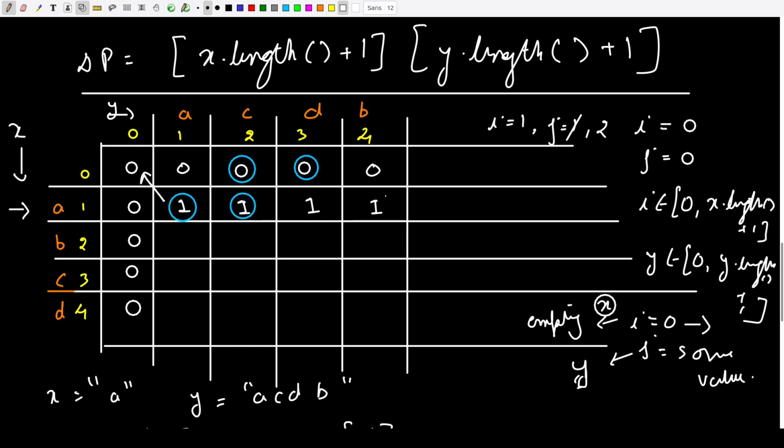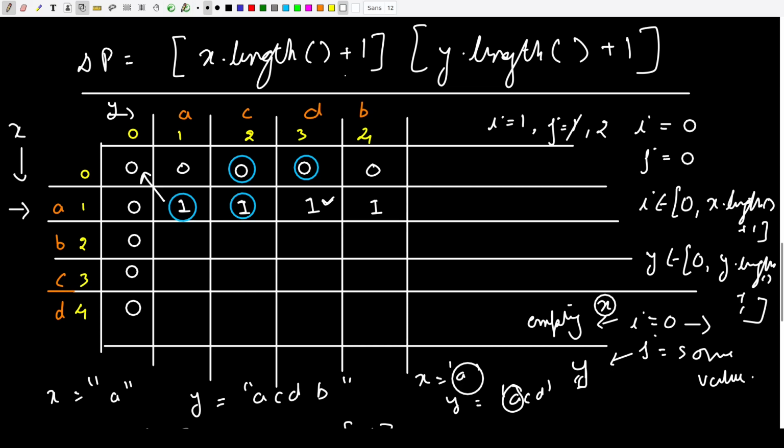That is why you are getting the LCS as 1 over here. The length of the LCS is 1. Similarly, for x equal to a and y equal to acd, the longest common subsequence is a itself, so the LCS over here is 1.